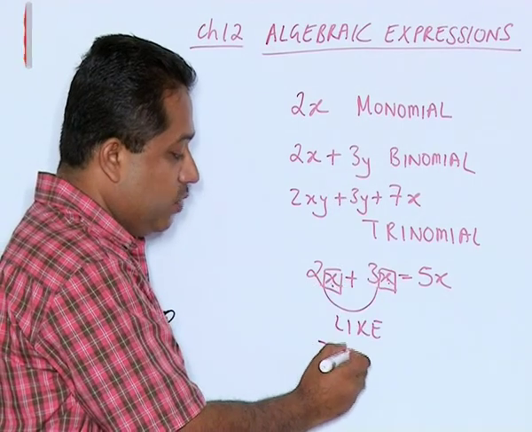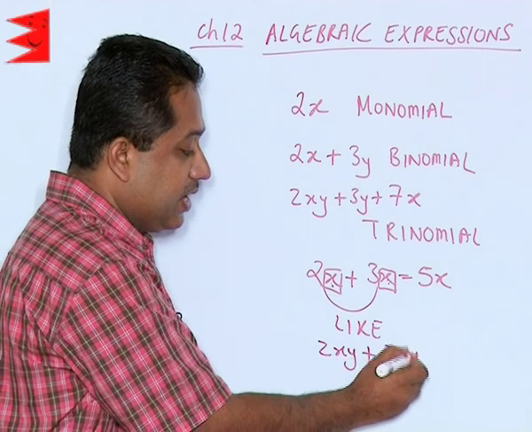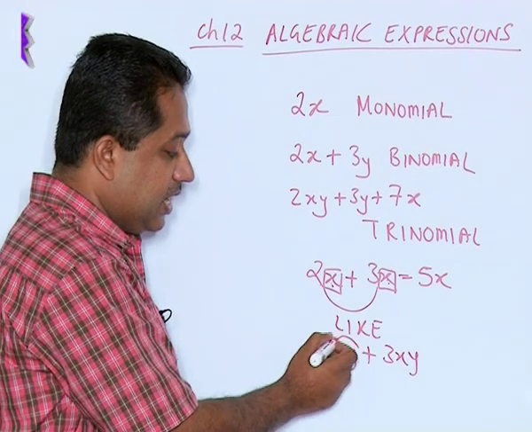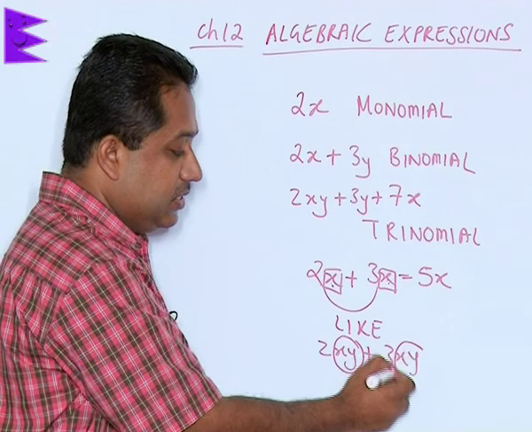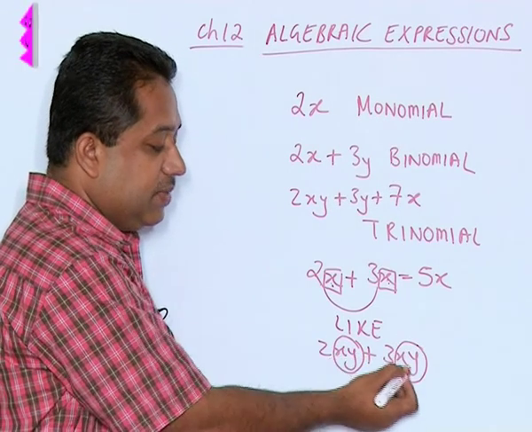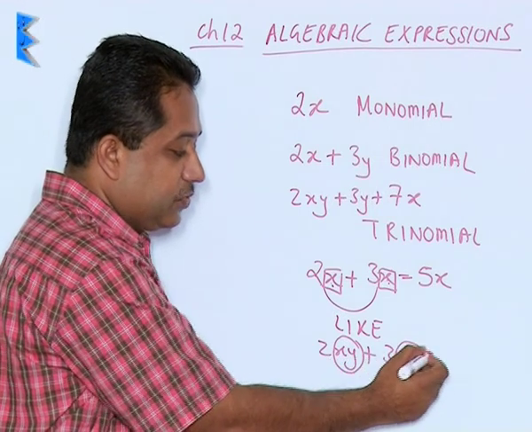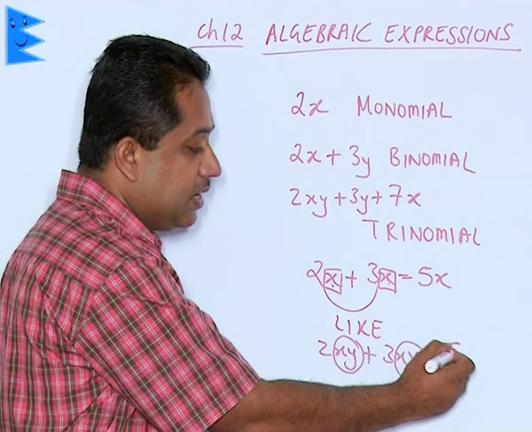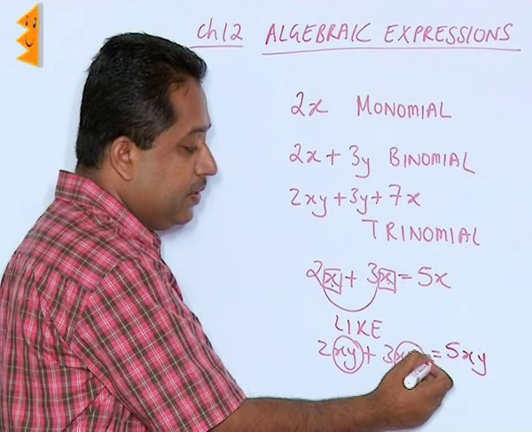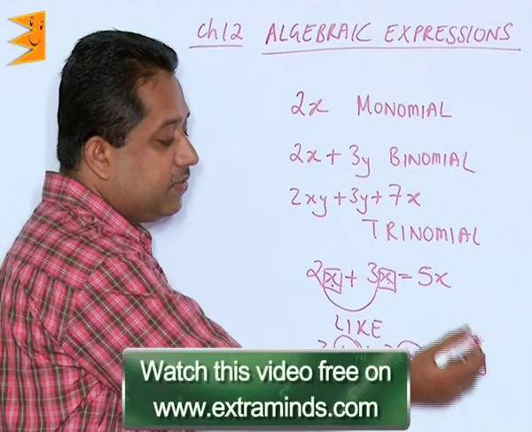So, if you have 2xy plus 3xy, again we see that the variables are xy here and the variables are xy here. So, this term and this term are said to be like terms. So, 2xy plus 3xy, we can simply add it, and the result is going to be 5xy. Again we say that this is a monomial.